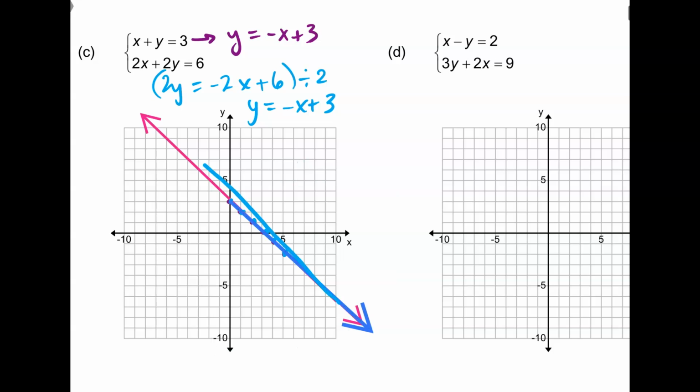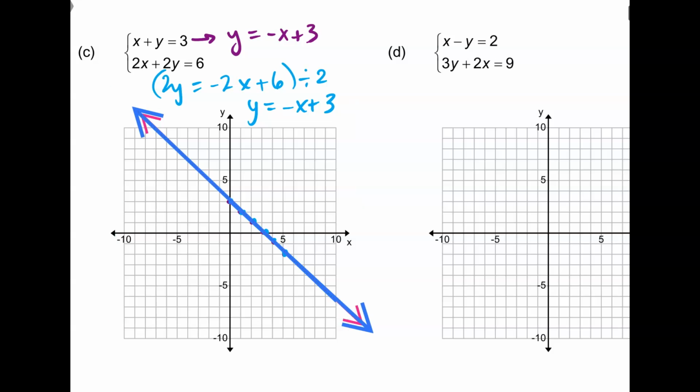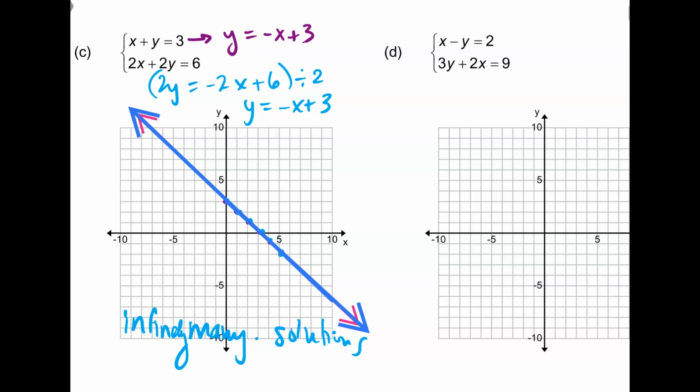Hopefully on the screencast people can see this, and hopefully you can see they're the exact same line. So I'm going to edit the properties, literally see. Infinitely many solutions because they're the exact same line.